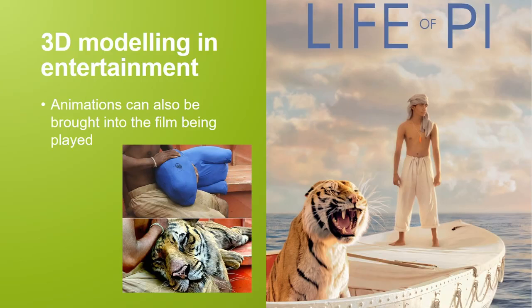3D modeled characters can also be brought animated into a real cast movie. One good example of this is The Life of Pi. Have you seen it? It's a film that tells the incredible survival story of a Bengal tiger named Pi and an Indian boy at the mercy of the sea.